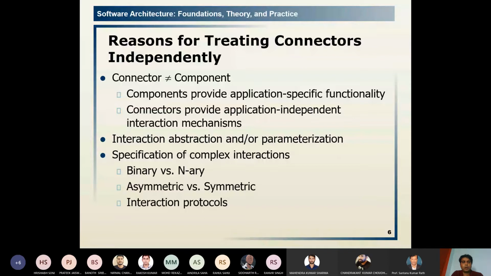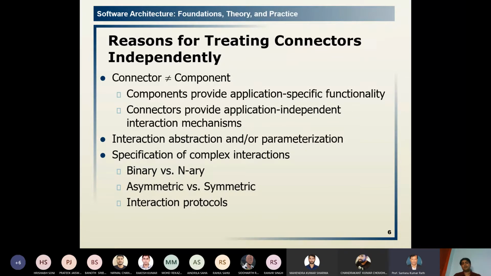Always keep the procedure call in your mind: how that procedure call and invocation works, that is the connector. It helps to transfer signals, control, and data through the interactions.